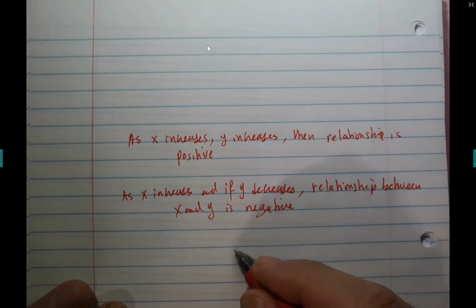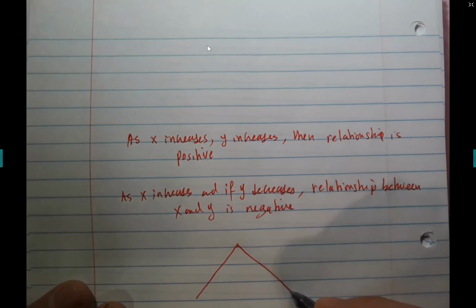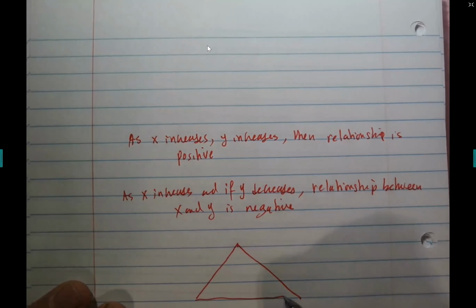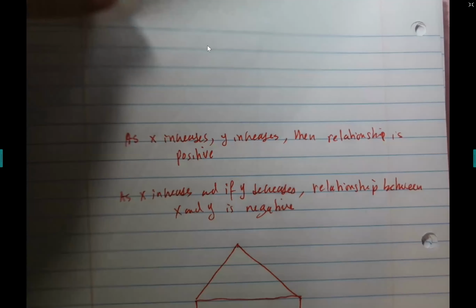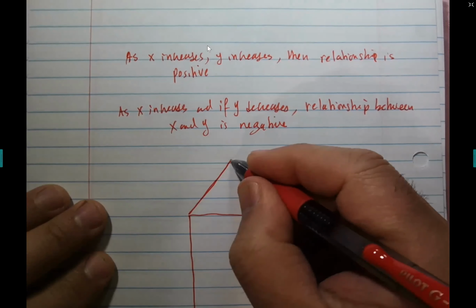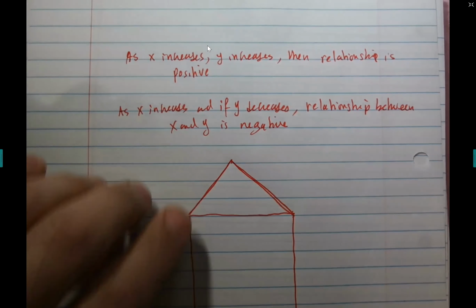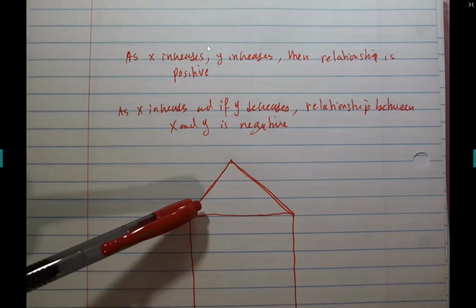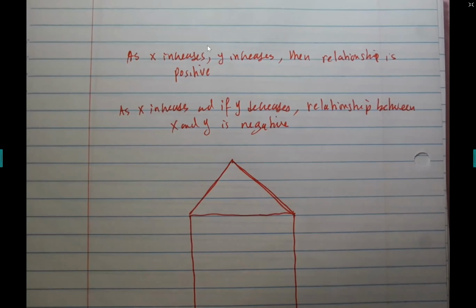I want to show you this is a house. That's a roof. These are the shingles right there, and that's the roof, 2 sides.